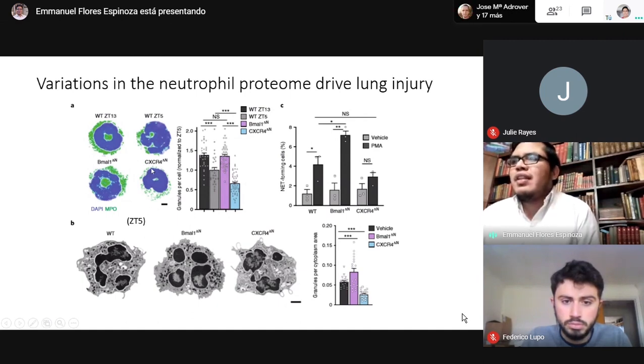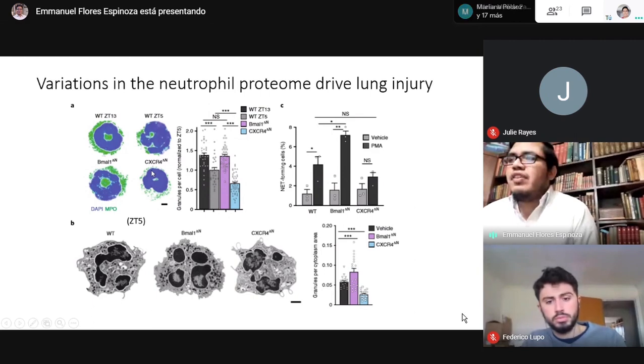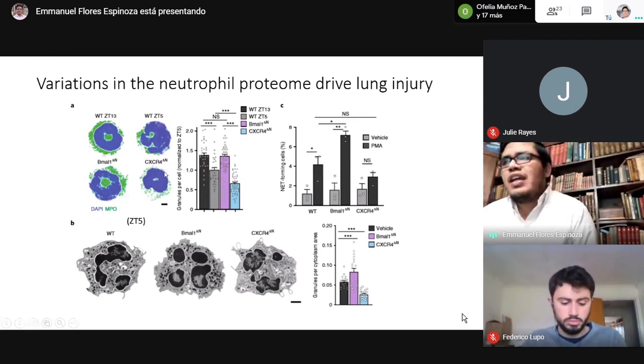And we can say that Bmal1-depleted neutrophils are more like nighttime neutrophils, and CXCR2-depleted neutrophils are more like daytime neutrophils, as CT5.